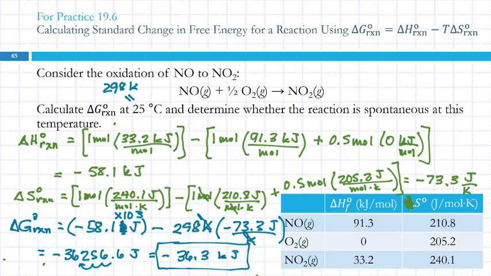So that's delta G. Determine whether the reaction is spontaneous. Is it spontaneous? Yeah. Delta G is negative, so this is spontaneous at this temperature.